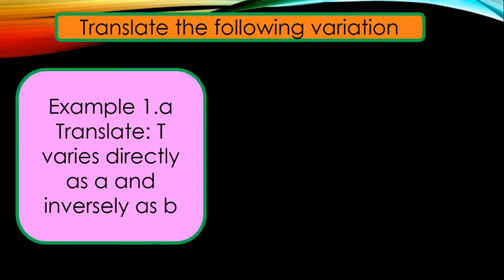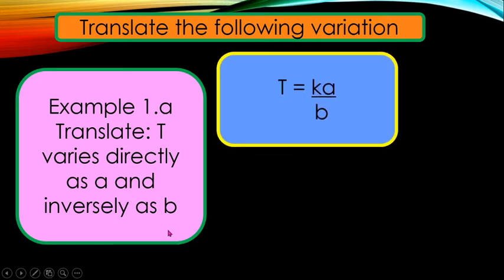Now try to translate the following variations. Example number 1. T varies directly as A and inversely as B. Alright, the answer is T is equal to K times A. K here is our constant of variation multiplied to A because it is direct variation, and divided into B because it is inverse variation.